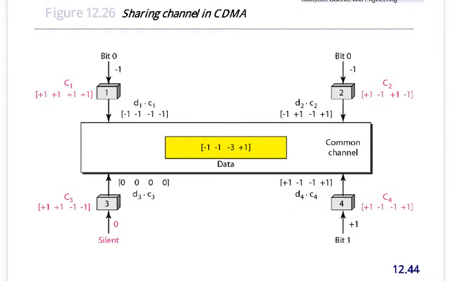Anything difficult here? It's very easy. Okay? So this is the composite signal. This is how the composite signal looks like, which represents the composition of all these vector products between the data sent by each node and the codes.